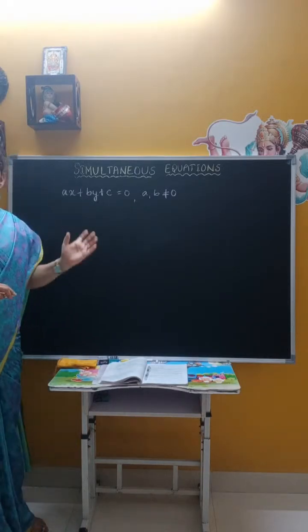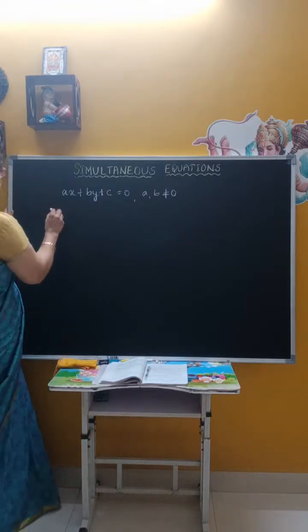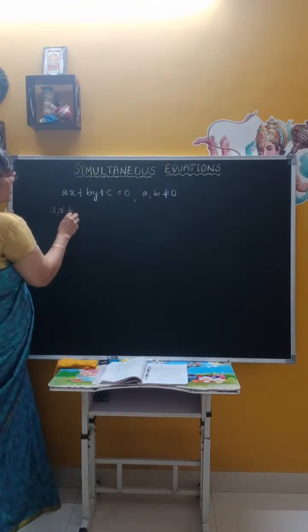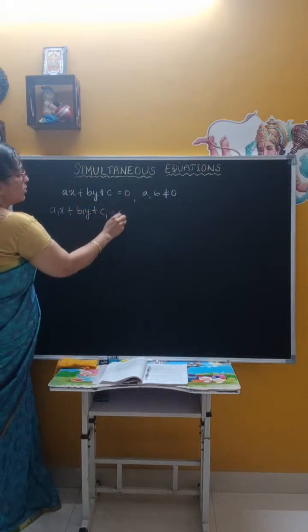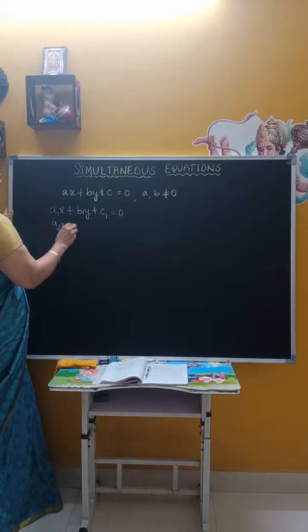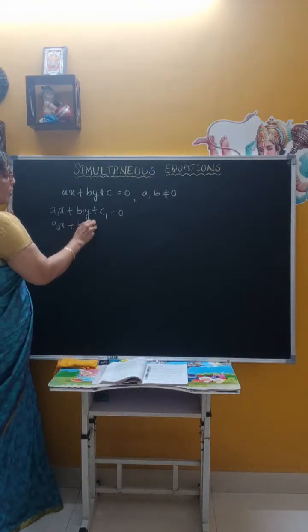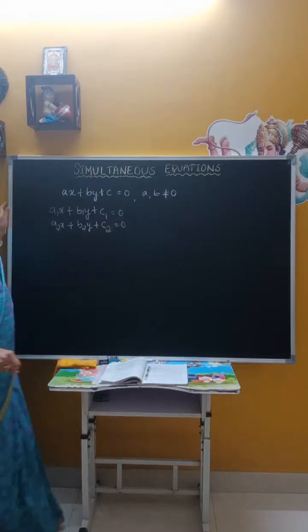How do you get a pair of linear equations? Simultaneous equations are of the form a1x plus b1y plus c1 is equal to 0 and a2x plus b2y plus c2 is equal to 0.